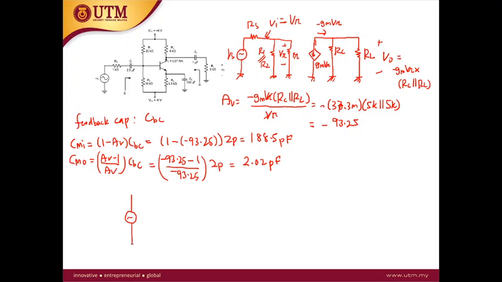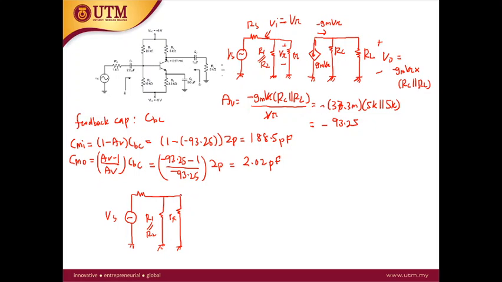In the input side of the mid-band equivalent circuit, we have the VS, and then the RS, the R1 parallel with R2, and then we also have the r pi. Now we add the capacitance.